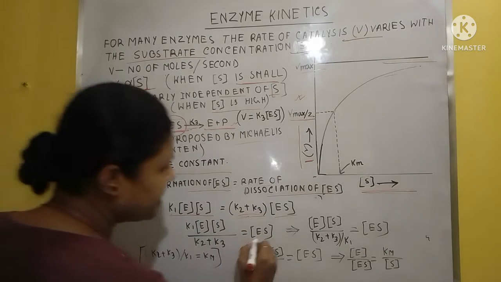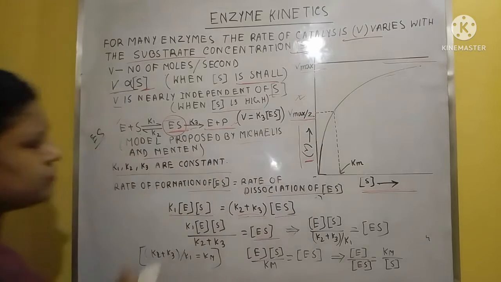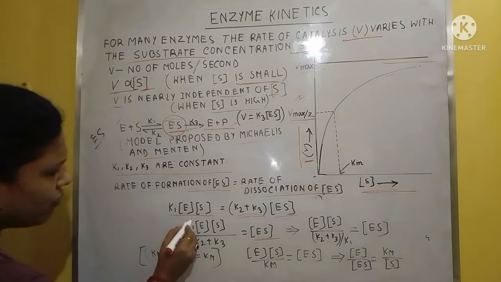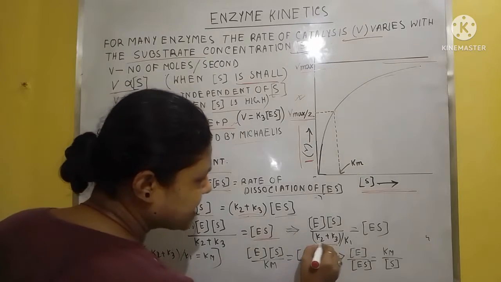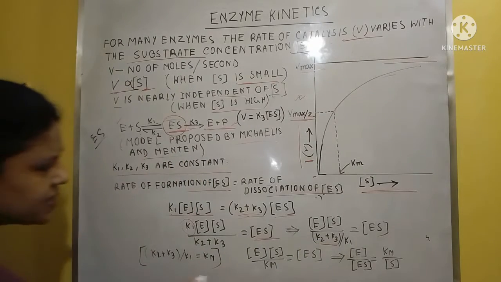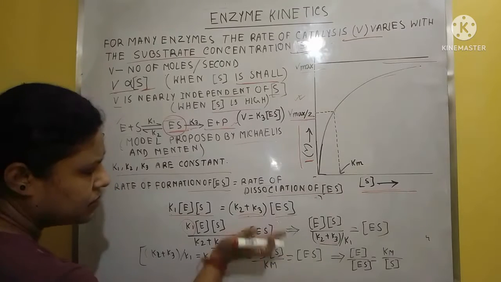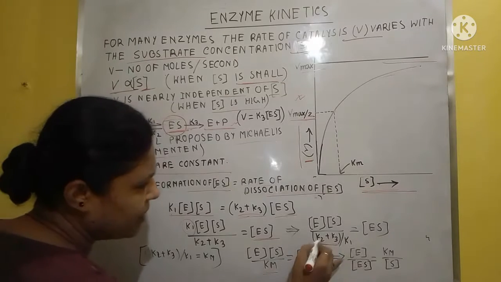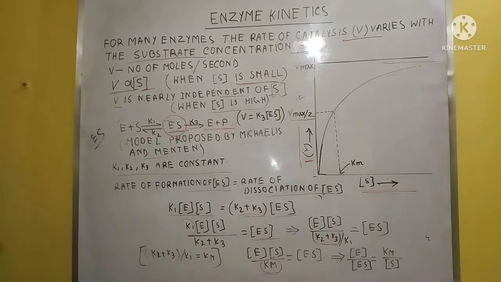There only remains the ES complex on the right side. Now we put the K1 below the K2 plus K3. And what happened? You can see ES in the numerator, and this K2 plus K3 by K1 converts into the Km.